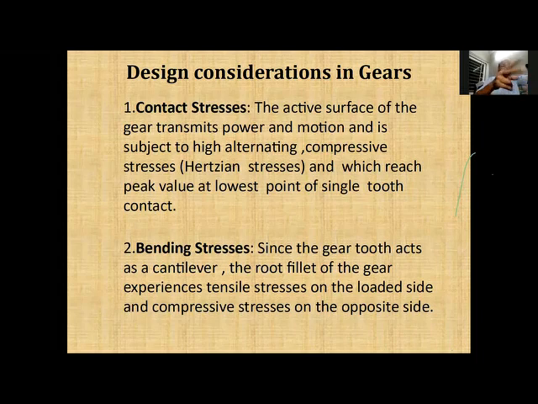It is to be noted that both these stresses are cyclic in nature. They start with a small value, go up and come down again. So this cyclical nature of the Hertzian stresses is to be considered while designing the gear. Next, please. Next slide, please.